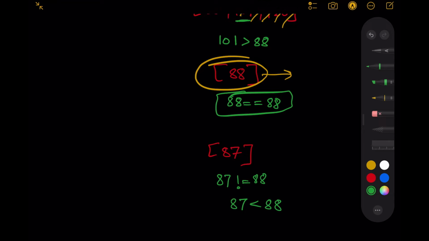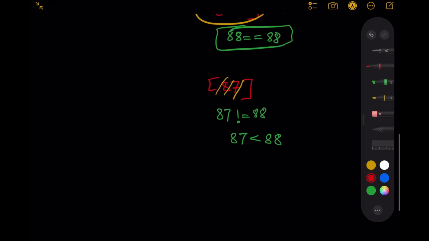So obviously we discard the pivot element as well as the left hand side. There's no left here. So we'll discard the pivot element and the remaining array would be an empty array. When the remaining array is empty, that tells us that we need to stop our binary search, and the target which we are trying to find does not exist in the array. So from here we return -1.